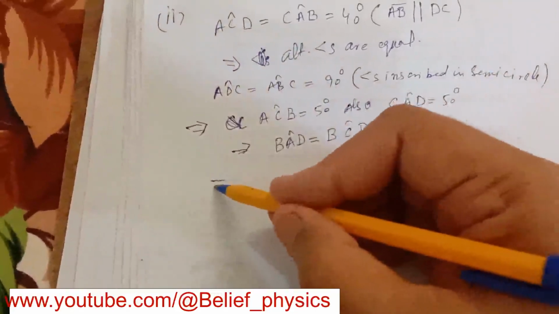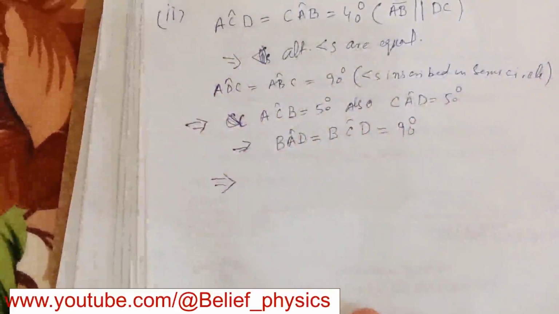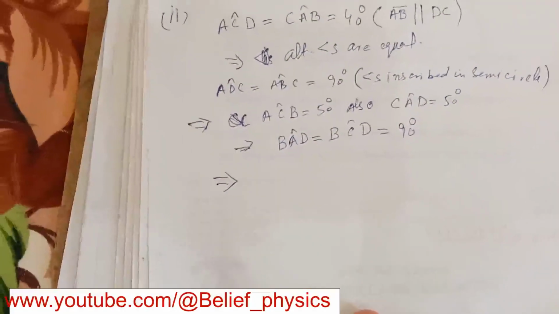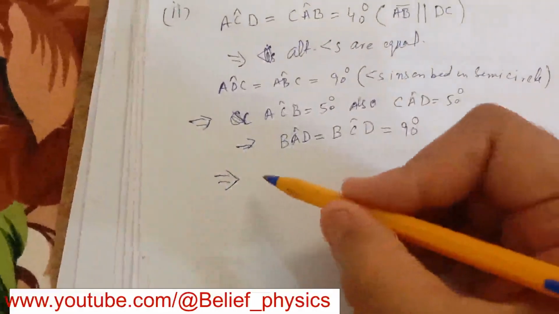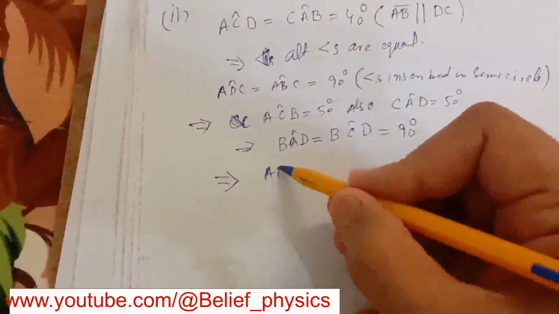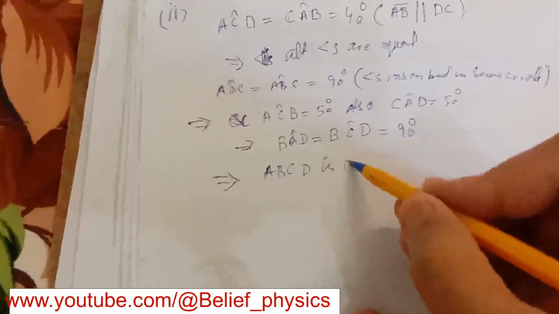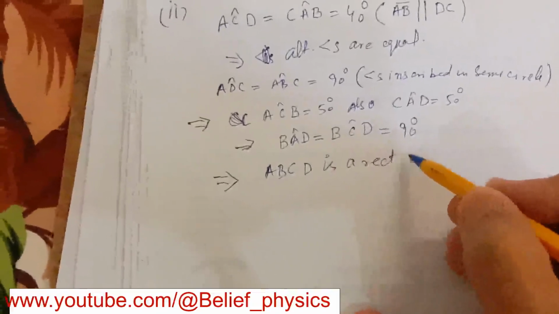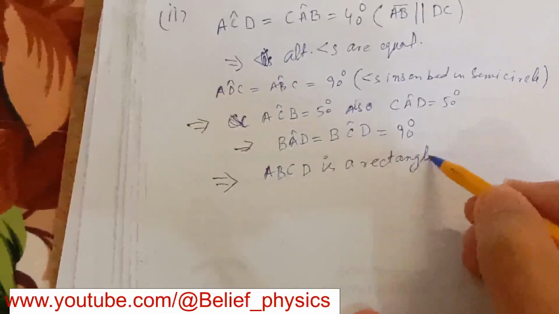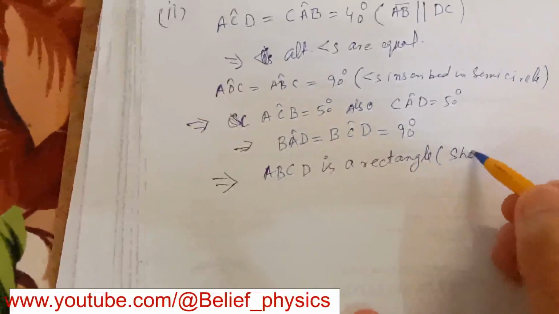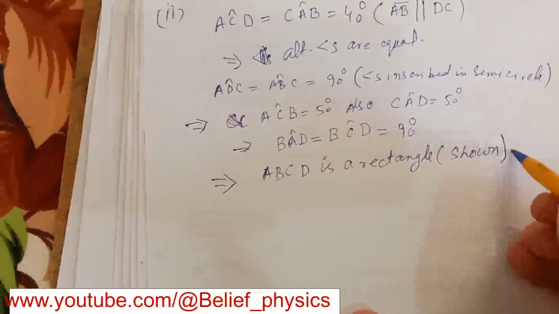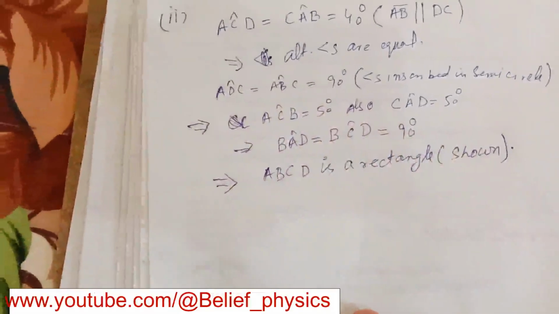So all the angles are 90 degrees and opposite sides are parallel. This implies that ABCD is a rectangle. So we have shown that ABCD is a rectangle. Clear?